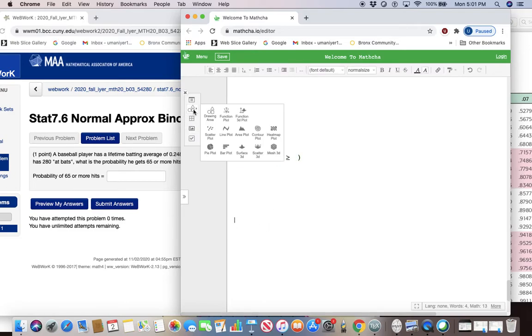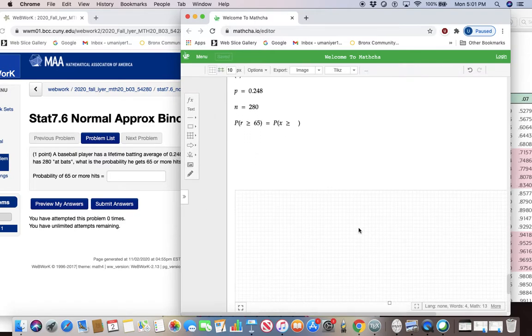If you remember, if you draw a picture here, this is how we explained it in class. Somewhere here is 65. To the right of 65 is 66. To the left of 65 is 64. And the rectangle above 65 goes from between 64 and 65 to between 65 and 66.